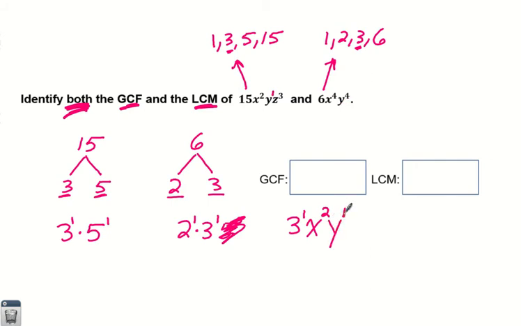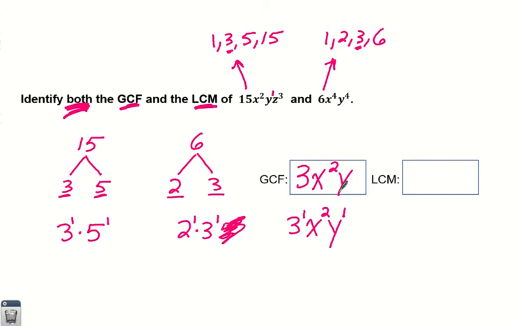And then comparing the z's, you have z to the third and no z at all. So what goes in your GCF is the smaller one, which is no z at all. In other words, z to the 0. But you don't need to actually write that down. And so 3 to the first is 3 x squared y.